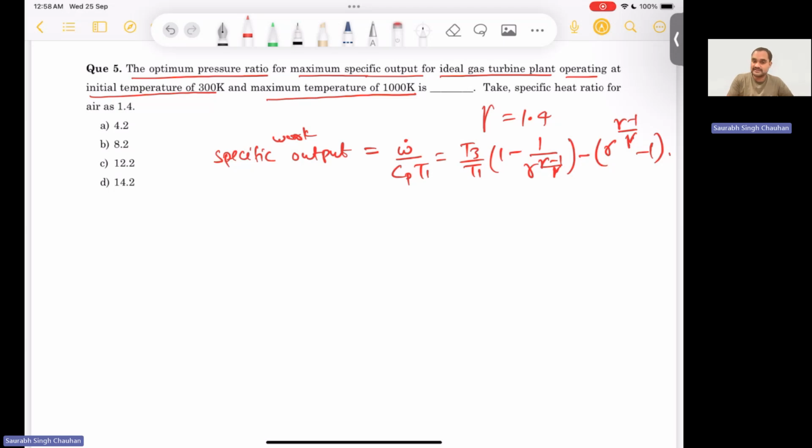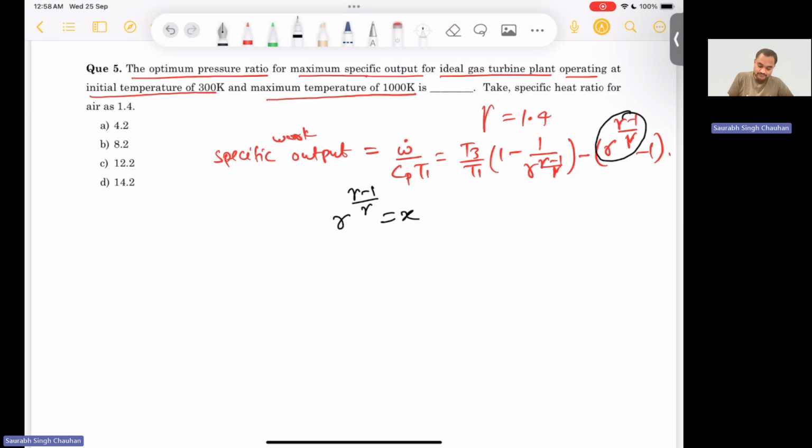We differentiate the expression with respect to our variable, and we set that derivative equal to 0. Here the variable is r, and instead of r we can take r to the power gamma minus 1 by gamma, let us replace it, is equal to x.